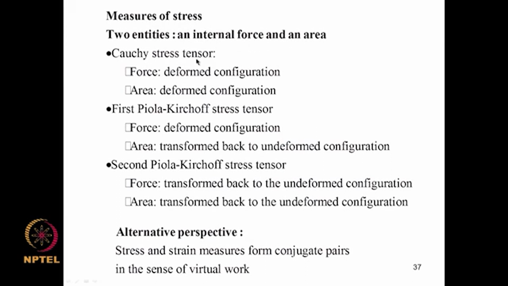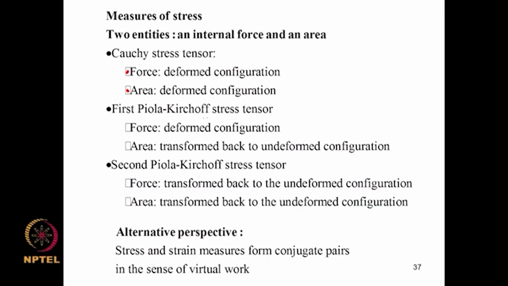In the Cauchy stress tensor, with which we are all familiar, the force is reckoned with respect to the deformed configuration, and the area is also reckoned with respect to the deformed configuration. Now, this Cauchy stress tensor is difficult to use because beforehand we will not know the properties of the deformed configuration. So, that is what makes us think of alternative measures of stress.